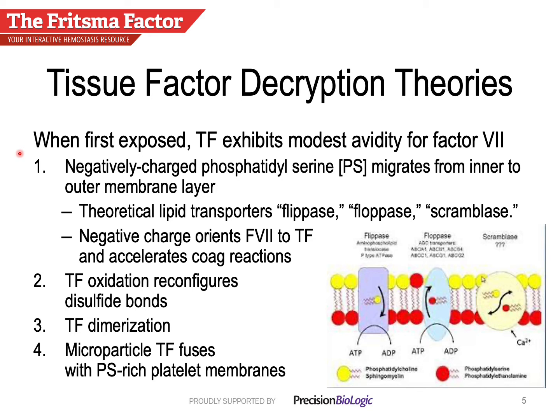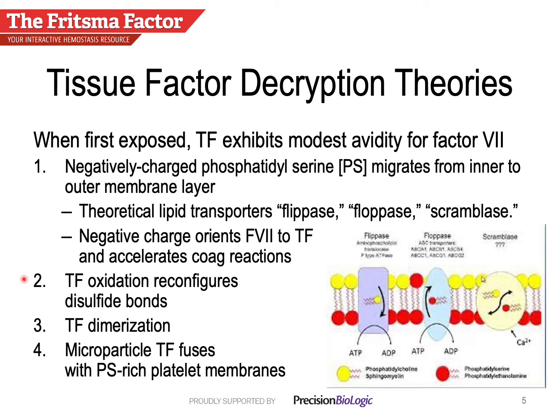The first parallels a plasma membrane function common to platelet activation, in which lipid transport enzymes nicknamed flipase, flopase, and scramblase rearrange the membrane so that the negatively charged phosphatidylserine moves from the inner to the outer layer, to orient plasma factor 7 to a joined tissue factor and become activated.